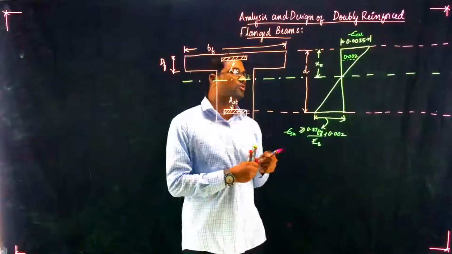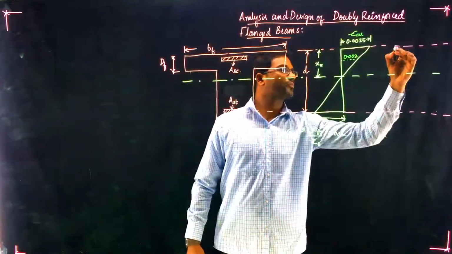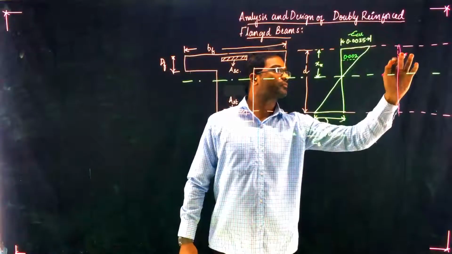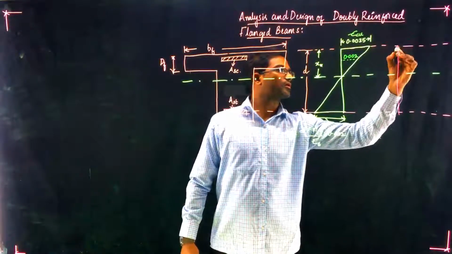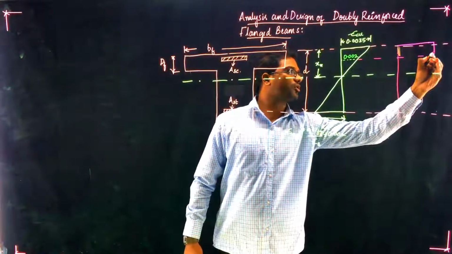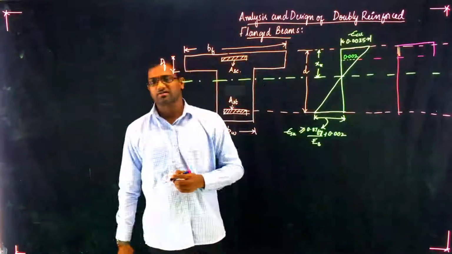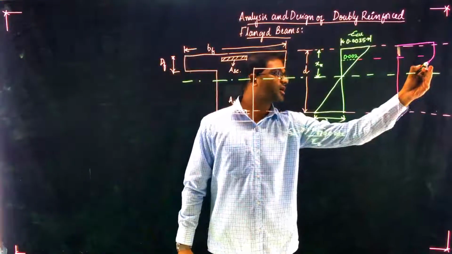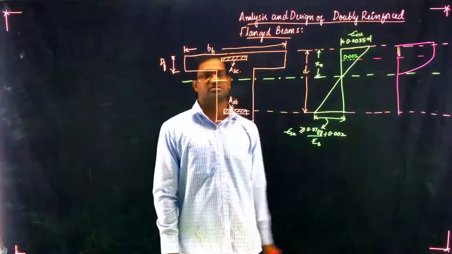Now if you take a look at the stress diagram, up to 0.002 the stress diagram will be rectangular. Then afterwards, a parabola starts.